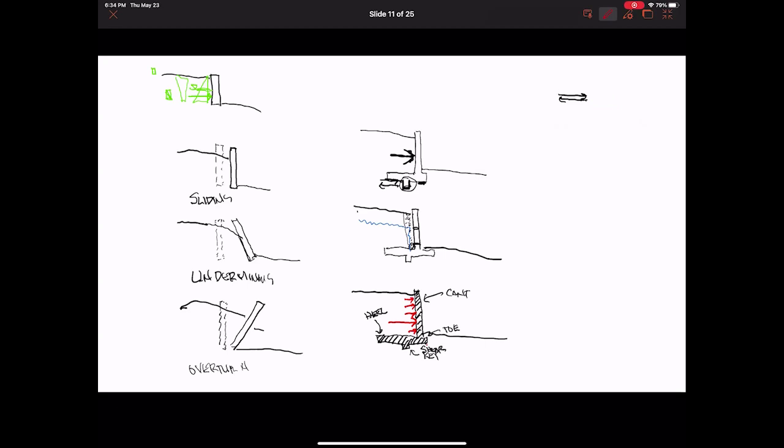The rotation is all going to be right here at the toe where the toe meets the soil, because we're treating the foundation with the vertical portion as one big thing. So this whole thing is going to want to rotate this way. And we want to be able to resist it. So we need something that can go the other way.